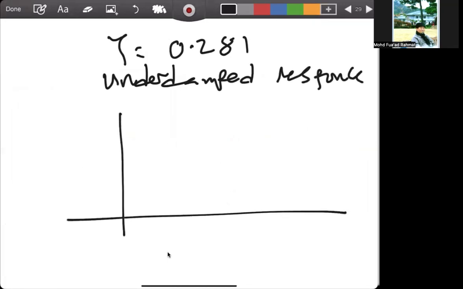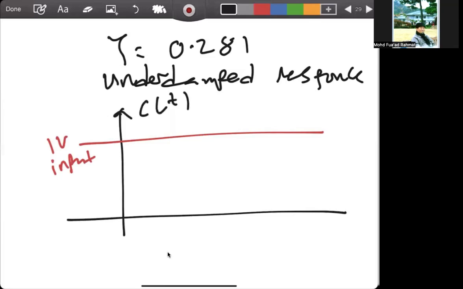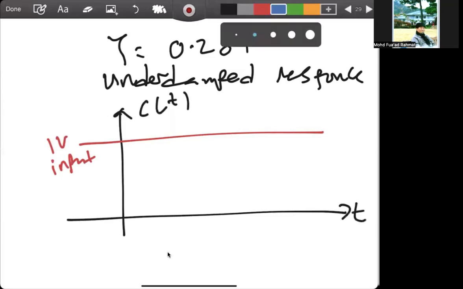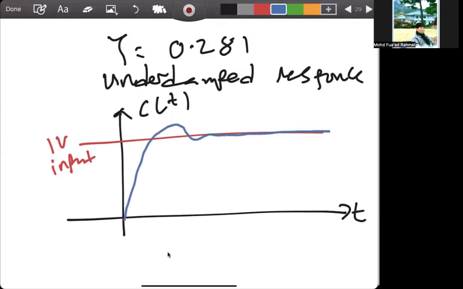So simply 1 volt input, output against time. So steady state error 0. So it will be like this. Okay, so this is the output.